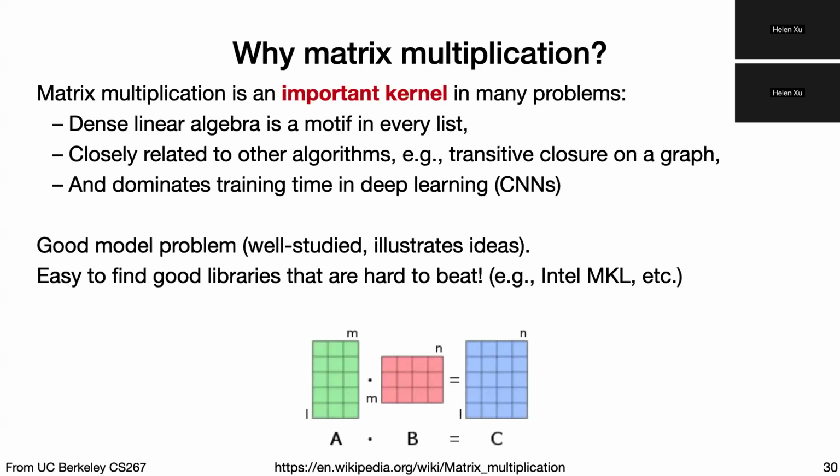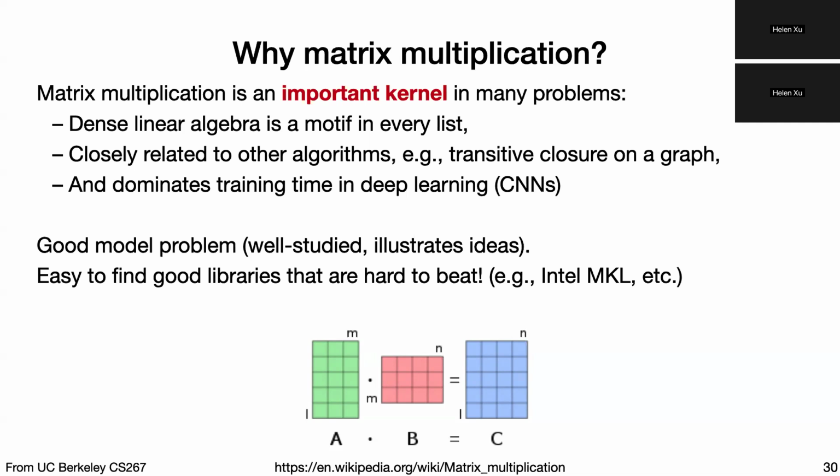So we're going to go back to matrix multiplication. Matrix multiplication is an important kernel in many problems. Dense linear algebra is one of these problems that people have been studying for 50 years, and how to optimize them on parallel computers. It is related to a lot of other algorithms, like graph algorithms, which can often be expressed with matrix multiplication, as we will see in PA3. And matrix multiplication recently is popular in deep learning and machine learning workloads.